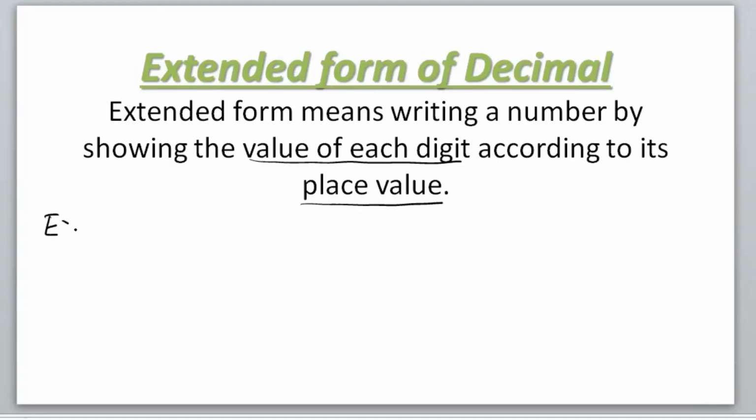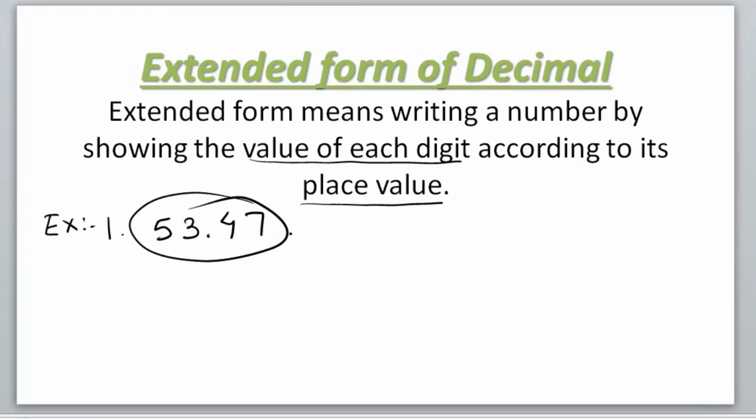Take example number 1. If the number is 53.47 and it says to extend this number, write it in the extended form. So how will you write it in the extended form? We have to show the value of each digit according to its place value.